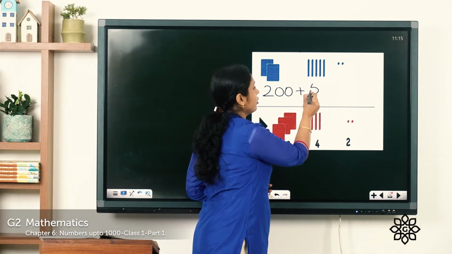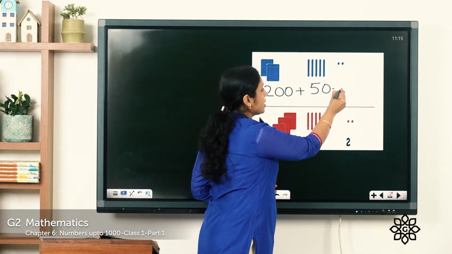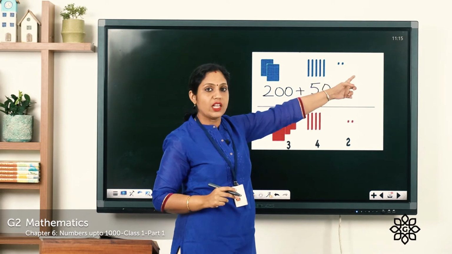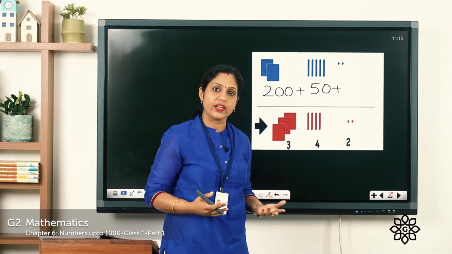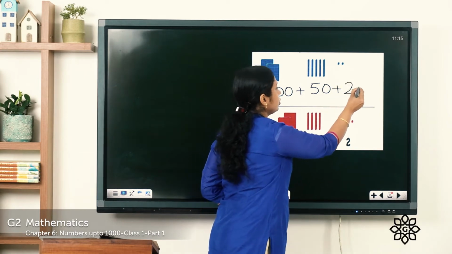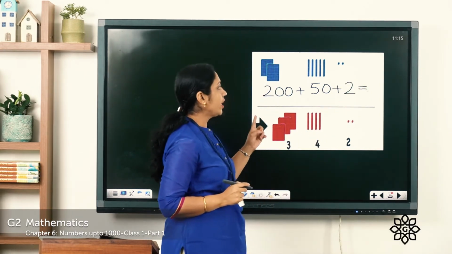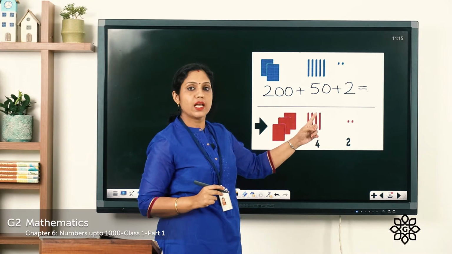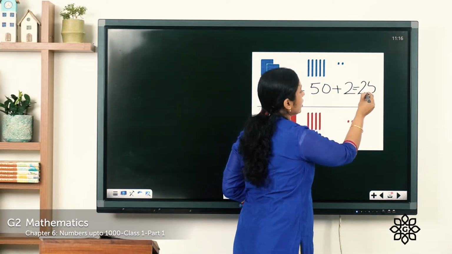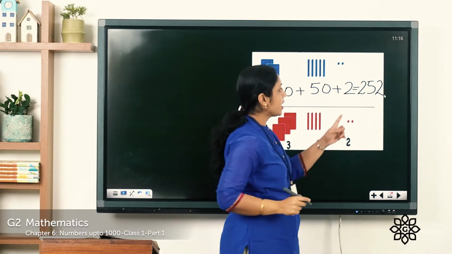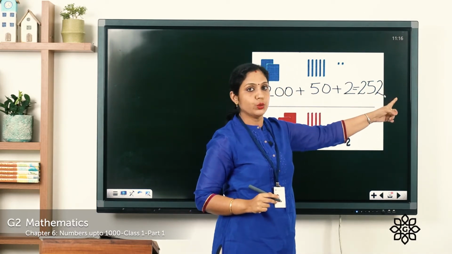So write it as 50 plus we'll move on to the ones place, and how many ones blocks are there? There are 2 blocks, so we'll write it as 2. So now we got 200 plus 50 plus 2, and what is the number? 252. So we read this as 252.